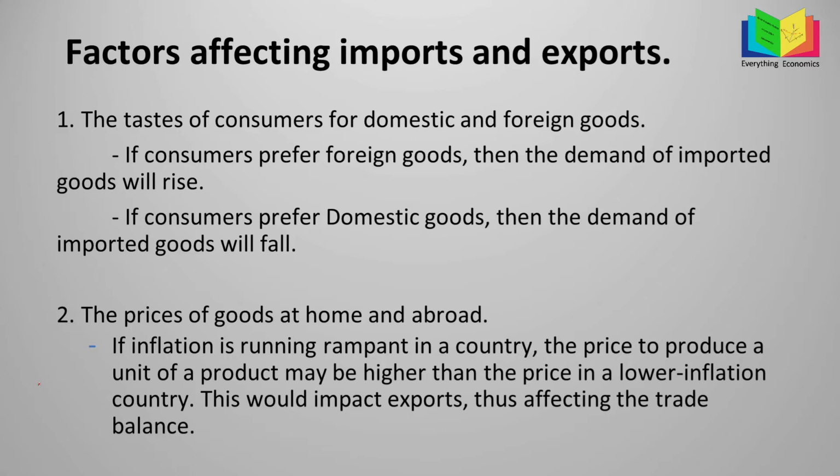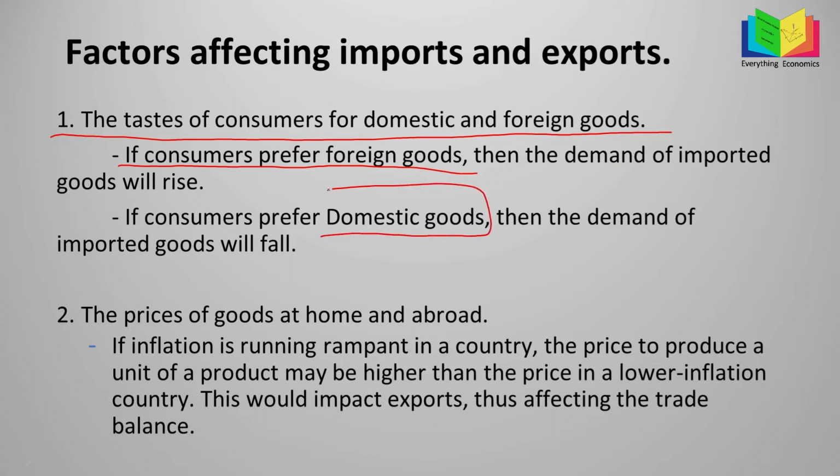The first is the tastes of consumers for domestic and foreign goods. So, this is the first factor. If consumers prefer foreign goods, then the demand for imported goods will rise. If consumers prefer domestic goods, then the demand for imported goods will fall.